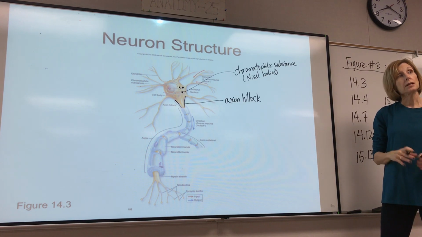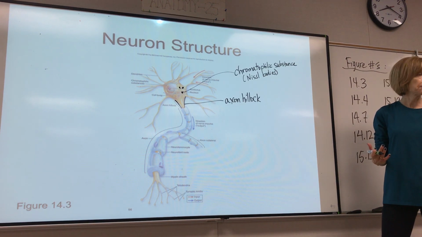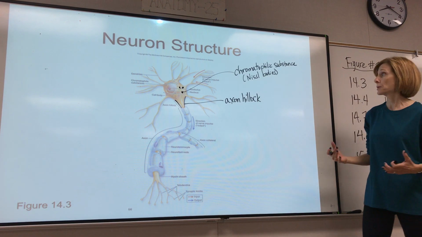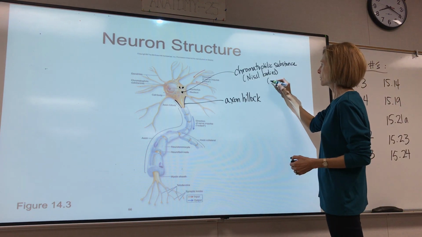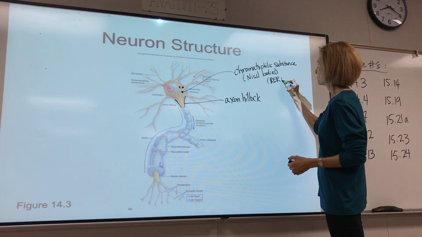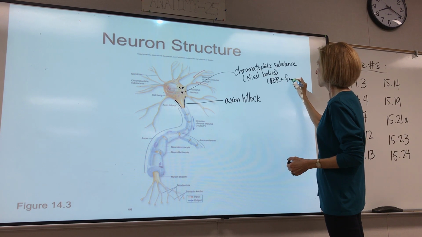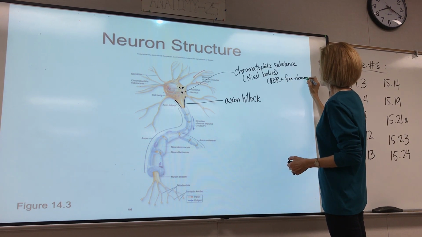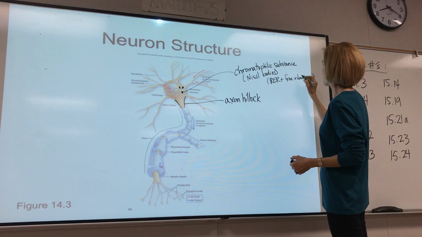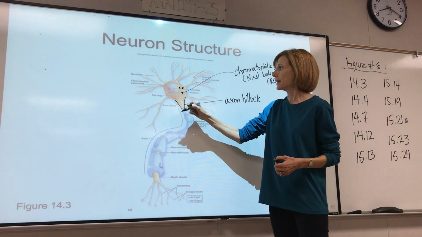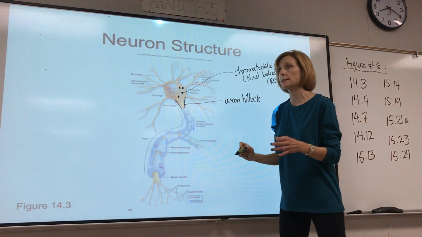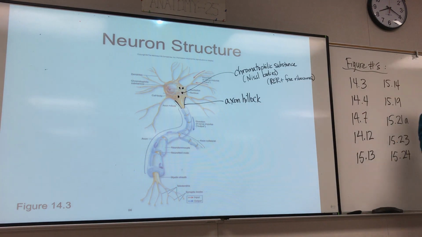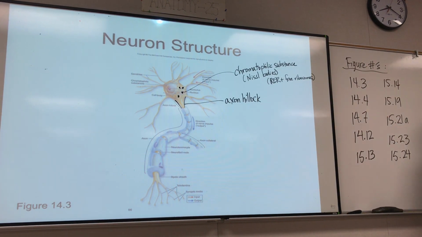This is actually rough endoplasmic reticulum and free-floating ribosomes. Okay, so it is the RER plus the free ribosomes. And neurons have a lot of rough endoplasmic reticulum and free ribosomes because they constantly are replacing parts of the cell membrane, because the cell membrane is very active in neurons.